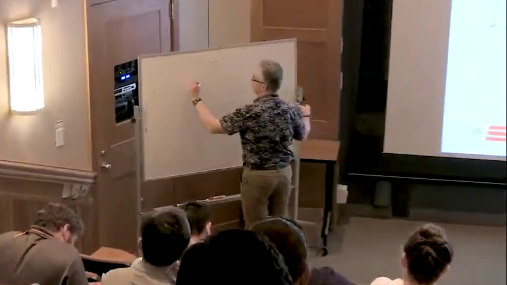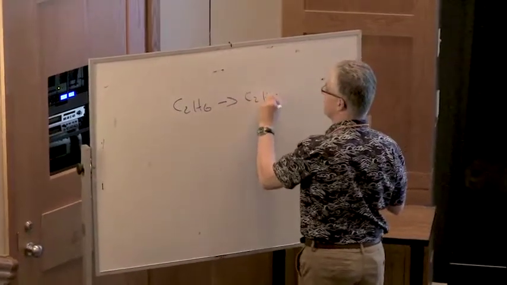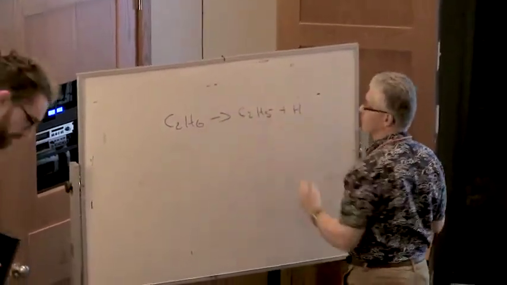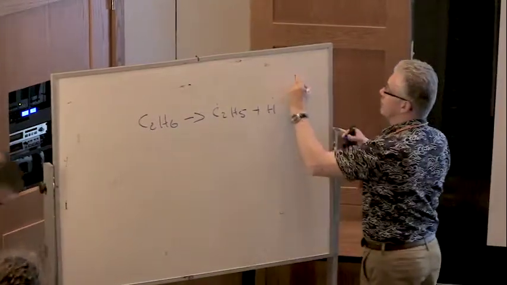So we have C2H6 gives C2H5 plus H. Okay, and we have delta H reaction.